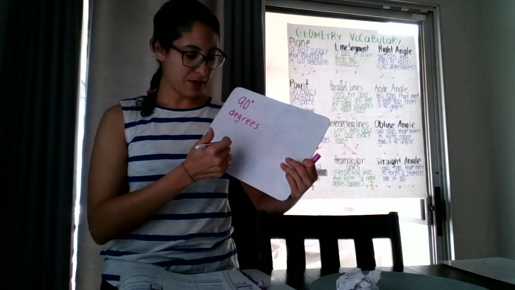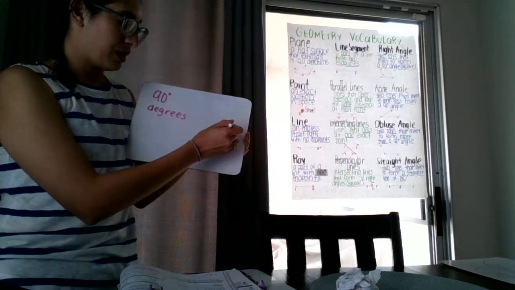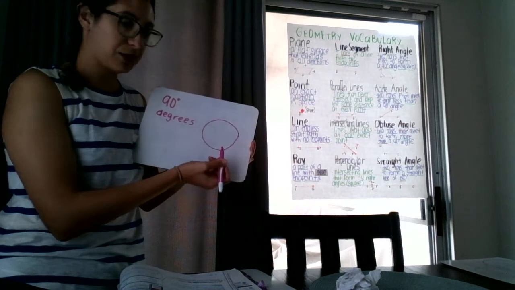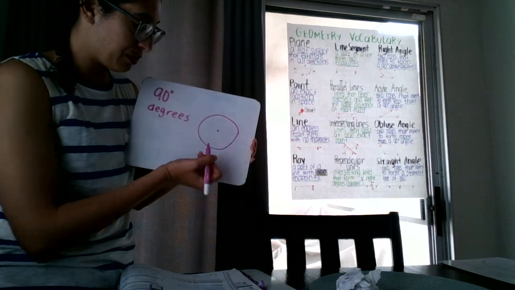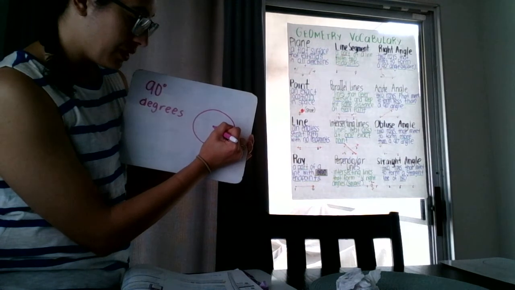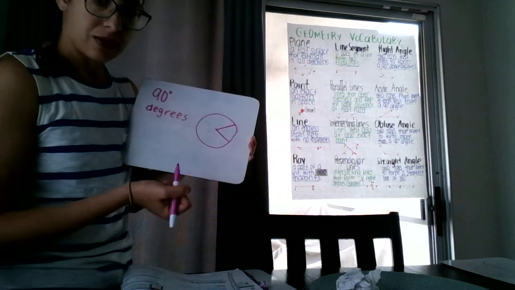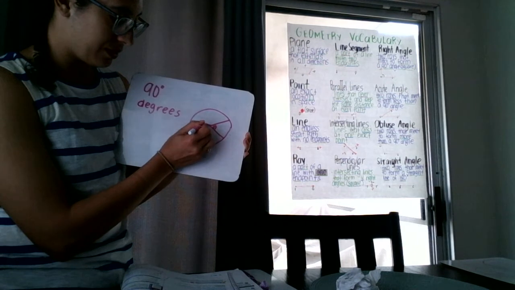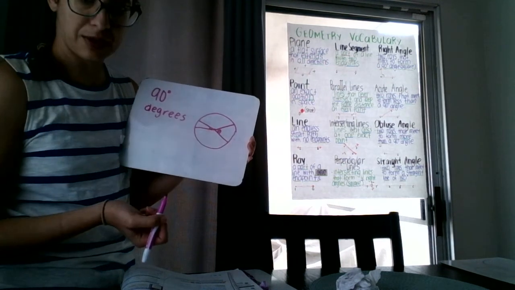Okay, so I'm going to tell you right now that angles come from circles. Okay, so it's not going to be perfect, but we have a circle. Okay, and every circle has an invisible center point. Okay, now this is an angle right here. Let's draw another one. This is an angle right here.